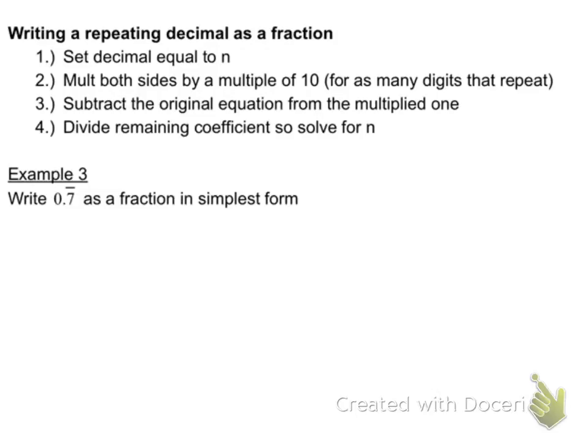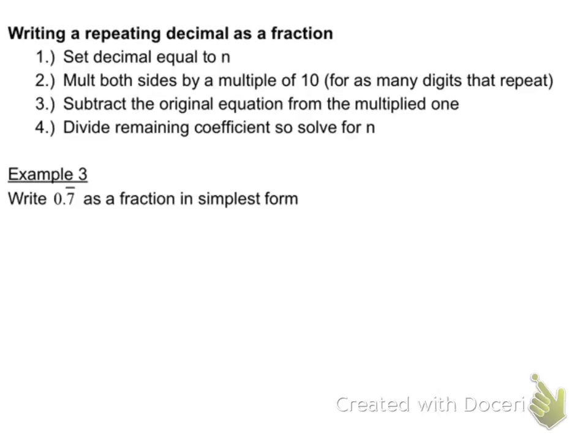In our problem, it's 0.7 repeat. 7 is the only number that repeats, so I'm going to multiply by 10. If this would have been 71717171 repeat, so repeating 71, that's 2 digits, I'm going to multiply by 100. If there were 3 digits in that repeat bar, I'd multiply by 1,000 to both sides.